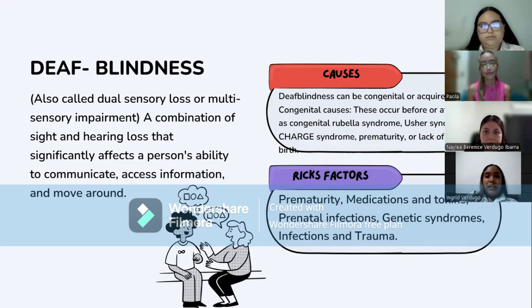Causes: deafblindness can be congenital or acquired. Congenital causes occur before or at birth, such as congenital rubella syndrome, Usher syndrome, CHARGE syndrome, prematurity, or a lack of oxygen at birth. Risk factors: prematurity, medication and toxins, prenatal infection, genetic syndromes, infection, and trauma.